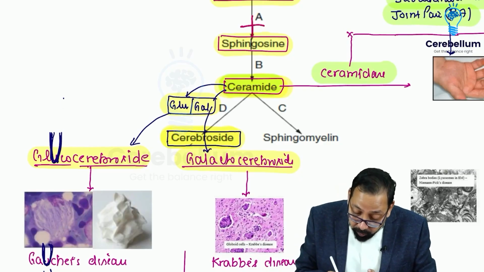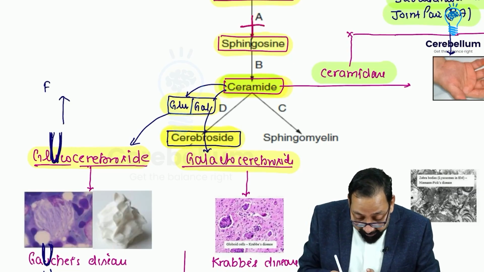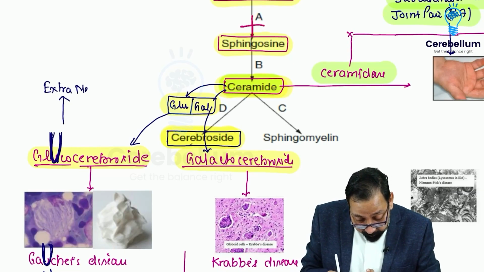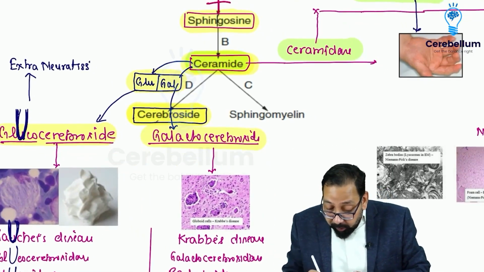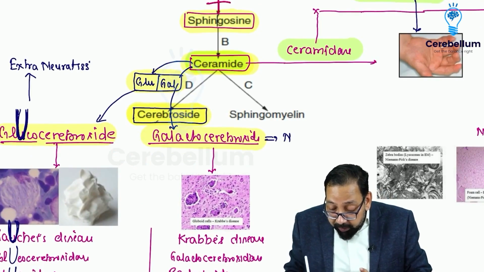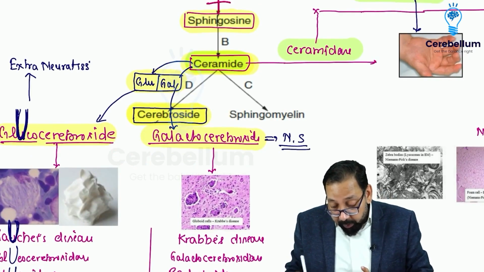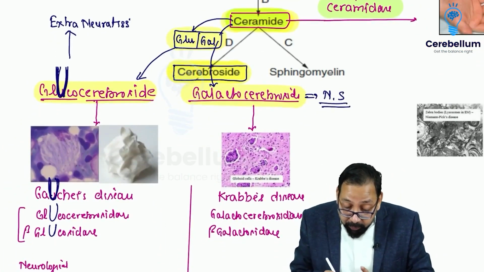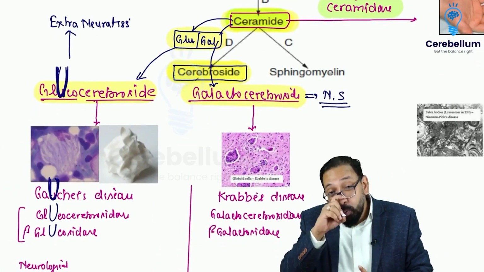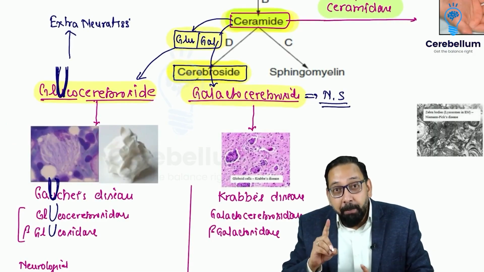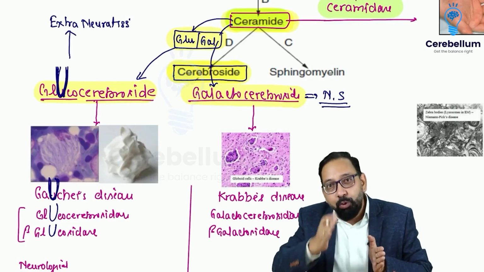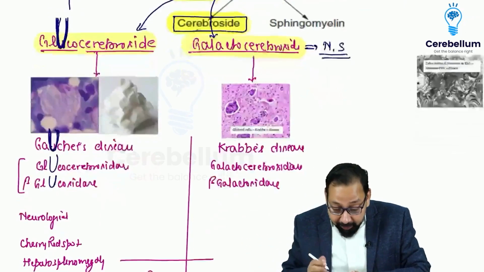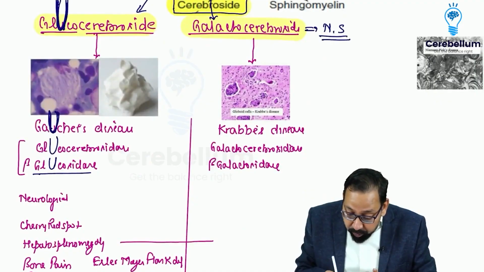We found that glucocerebroside is found in extraneural tissue, and galactocerebroside is found in the nervous system. We found that this glucocerebroside is normally metabolized by glucocerebrosidase. Another name is beta glucosidase.